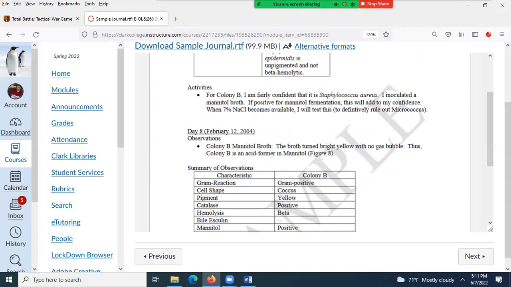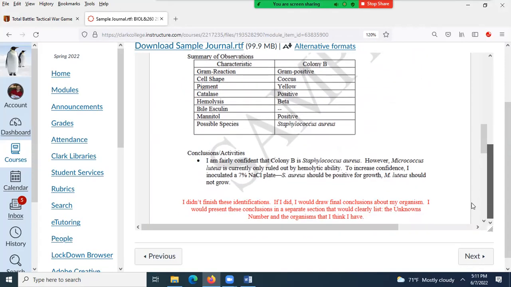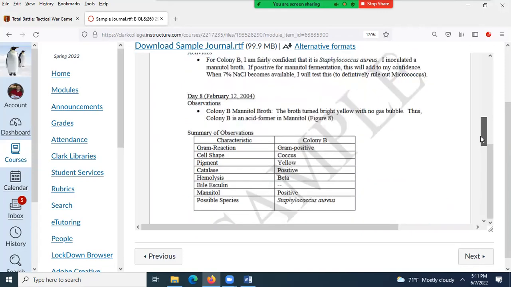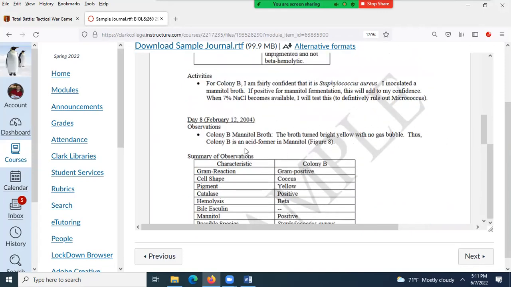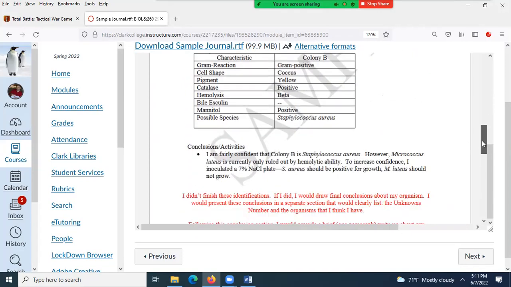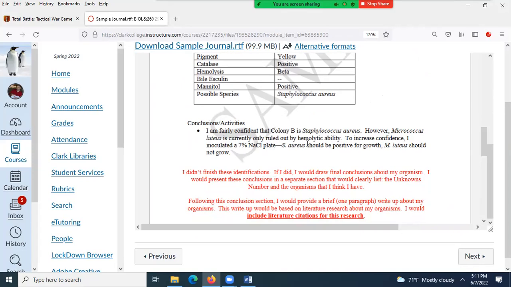The broth was a bright yellow. The conclusion would be acid formed in the mannitol broth, and there was no gas bubble, so no gas was produced. Okay, any question about that? So the observations are your results. The conclusions are your interpretations, what the results mean.